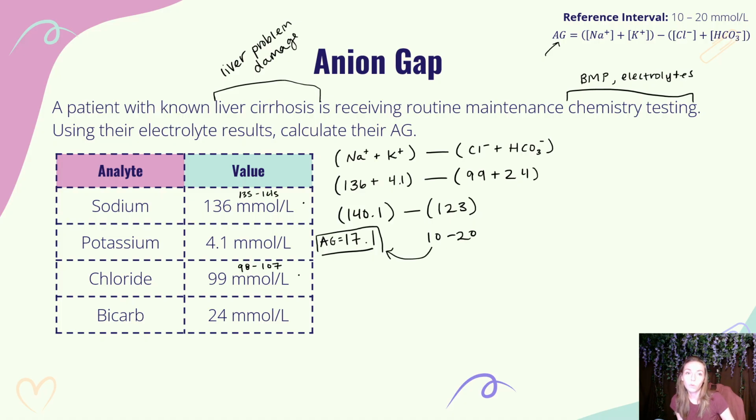This is normal because 17.1 falls between 10 and 20. Yay, he's okay, at least in terms of his electrolytes. Okay, the anion gap is just basically, are you electrically balanced? That's the whole goal that we're trying to find here.